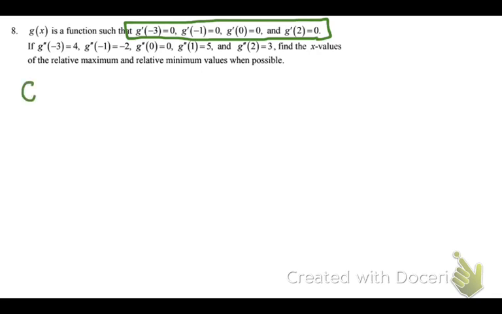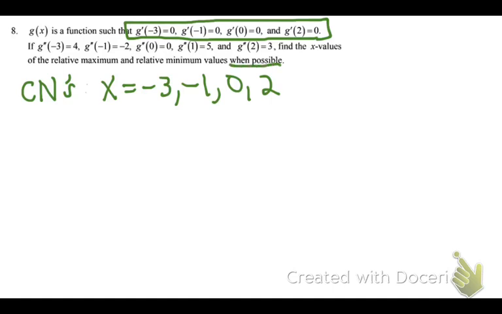So I have critical numbers at x equals -3, -1, 0, and 2. Okay, so we are trying to determine, without an actual function, if I have maxes or mins, when possible, at these x values.